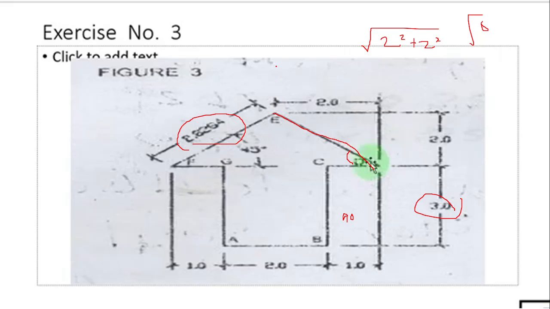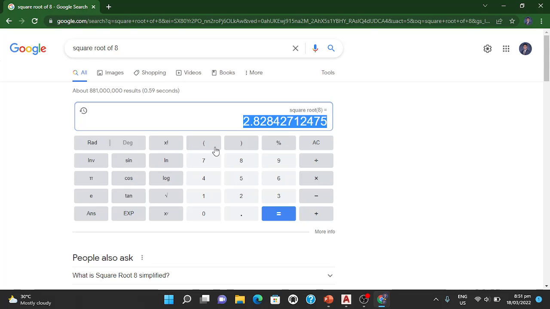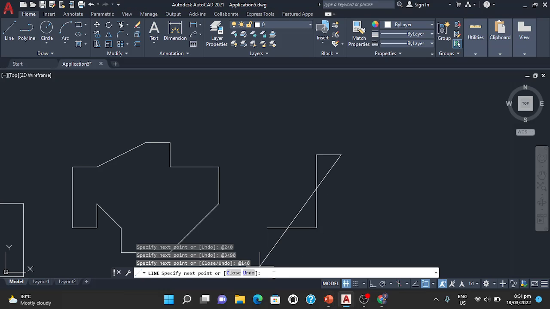So we know that if we will try to have this figure, this is just the mirror of this one. Okay, so they are the same. Okay, so let's apply only 2.8264. Okay, so let's try to type at 2.8264.